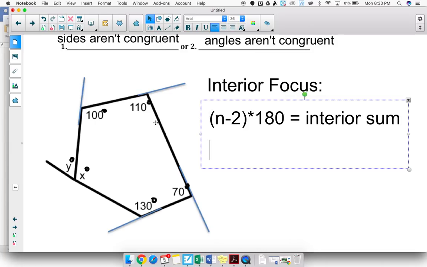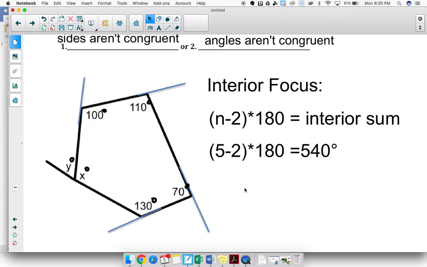In this case, there are 5 sides, so 5 minus 2, which is 3, times 180 degrees. All 5 angles have to add up to 540.